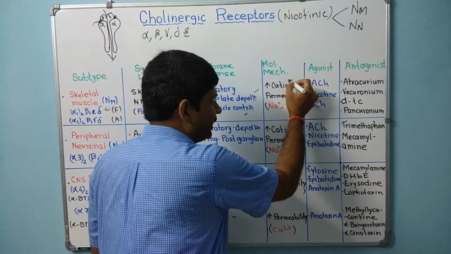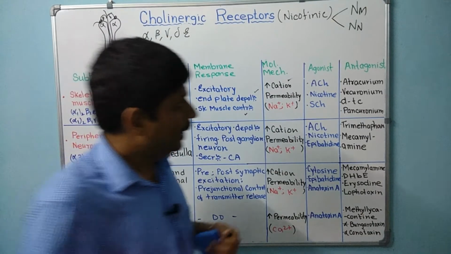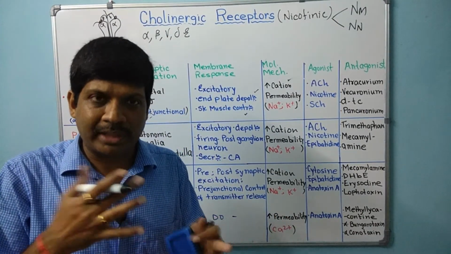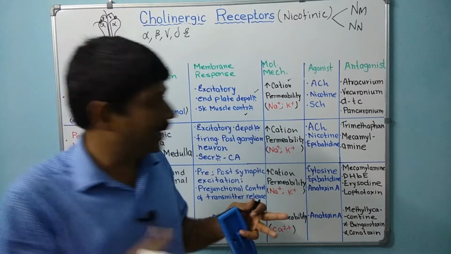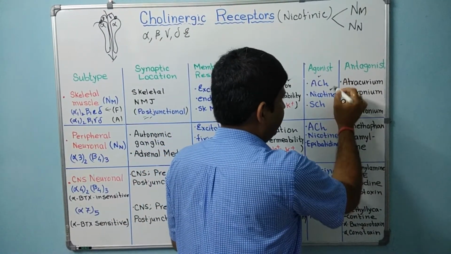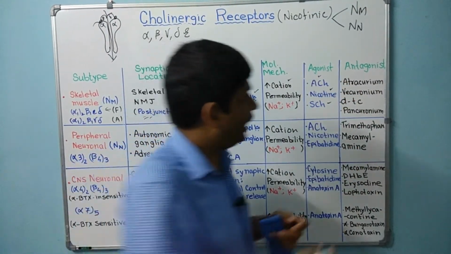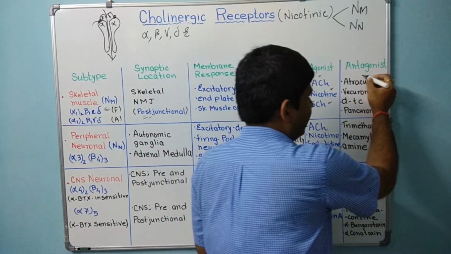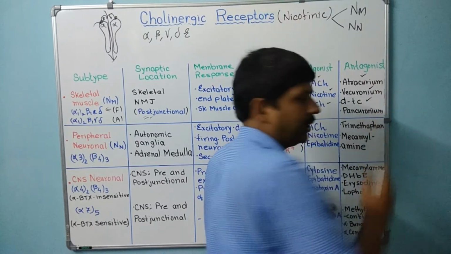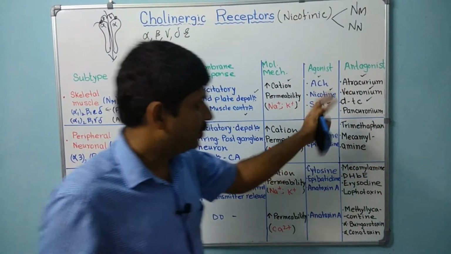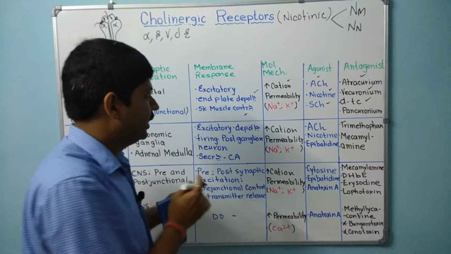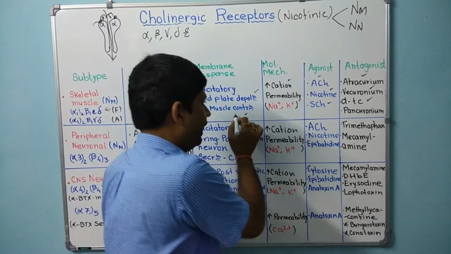Upon stimulation there is increased permeability of the cation, and the agonists, that means those drugs which will cause opening of the channel, are acetylcholine, nicotine and succinylcholine. Whereas antagonists, which will block the action of agonist, are atracurium, vecuronium, DTC and pancuronium. These drugs cause the blockage of the agonistic action, and they will cause skeletal muscle relaxation.